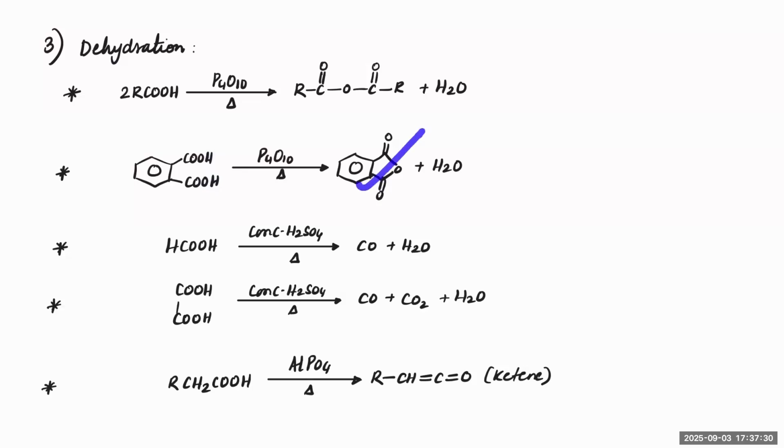This is called phthalic anhydride. This is a regular anhydride. If I take formic acid, OH and H from here will come out as H2O and that will convert into carbon monoxide and H2. If you have oxalic acid, you can see this H2O will go away and with concentrated H2SO4, this will convert into CO and this will convert into CO2. So all three will come.